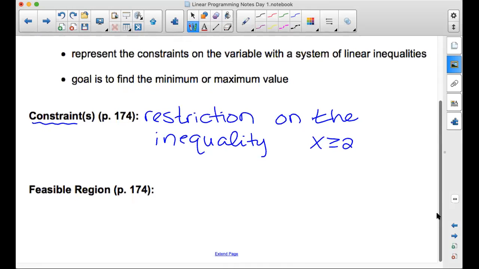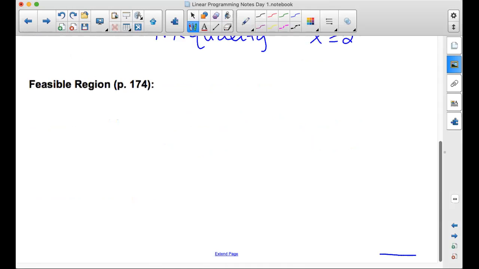The next thing we have here is this fancy term called a feasible region. If we're graphing a system of inequalities, what do you think the feasible region would be? Think about what your graphs looked like yesterday. Yeah, so Brooke said it's where they all overlap.